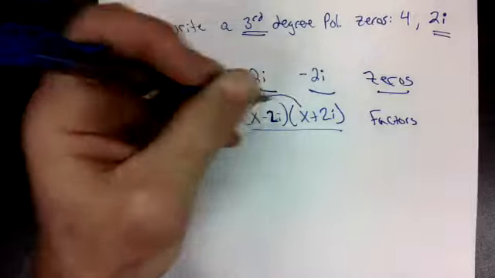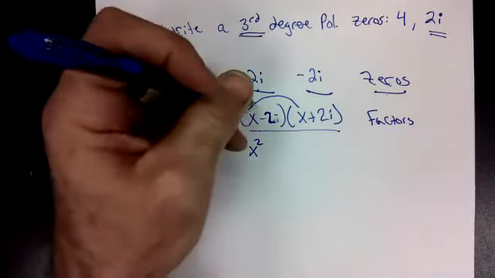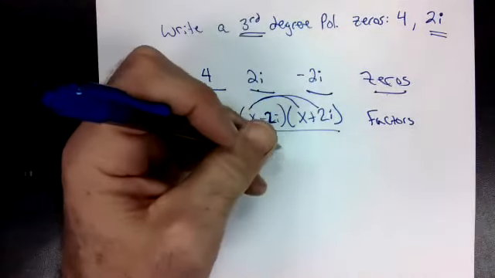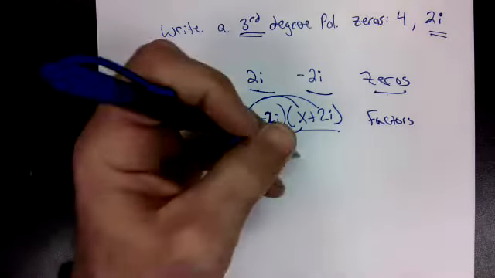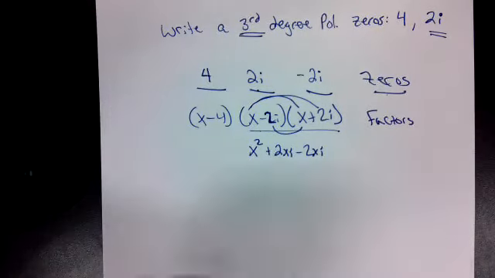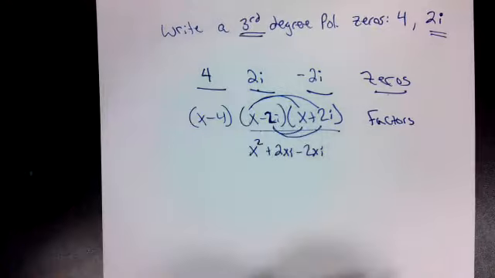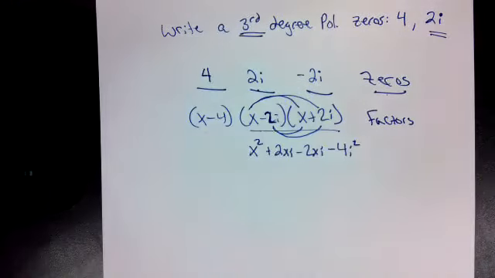Again, distribution, x times x is x squared. x times 2i is 2xi. Negative 2i times x is a negative 2xi, and negative 2i times positive 2i is a negative 4i squared.